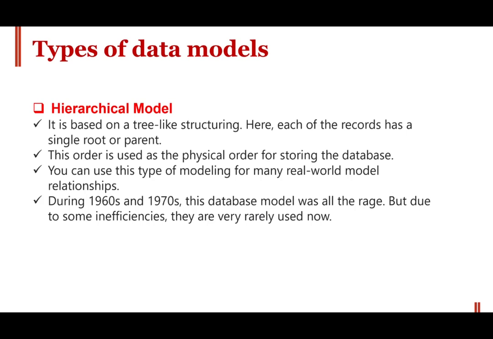And the parent table is frankly a mix of attributes that relate to different children. So the order is used as a physical order for storing data. This level of hierarchy would suit a smaller size and the traditional business. You can use this type of modeling for real-world modeling relationships. It actually started a long time ago in the 60s, almost decades.